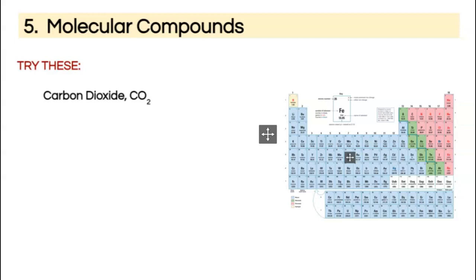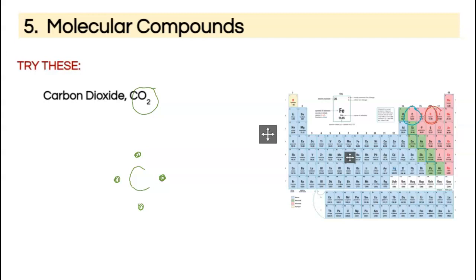So I would start by finding my 2 elements. I'm going to start with carbon, and I'm just going to place it right here. I know it has 1, 2, 3, 4 valence electrons. In the formula, it tells me that I have 2 oxygens, so I'm going to be looking to find 2 oxygens.